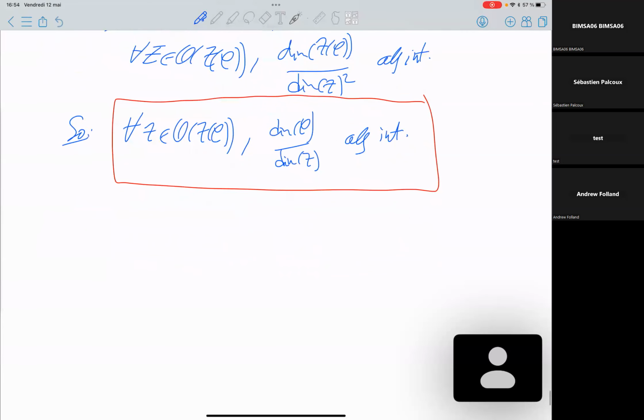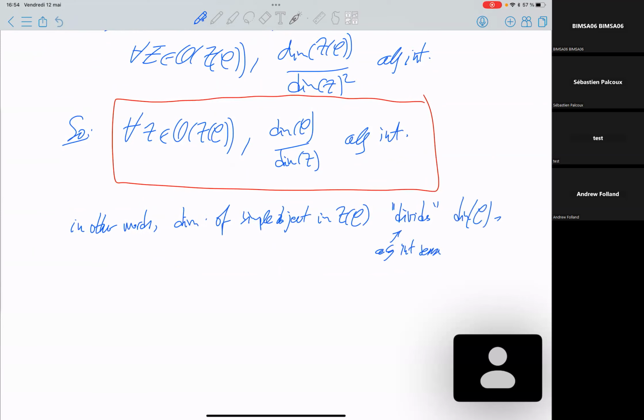In other words, the dimension of a simple object in the center of C divides, in the algebraic integer sense, the dimension of C. And that's nice.